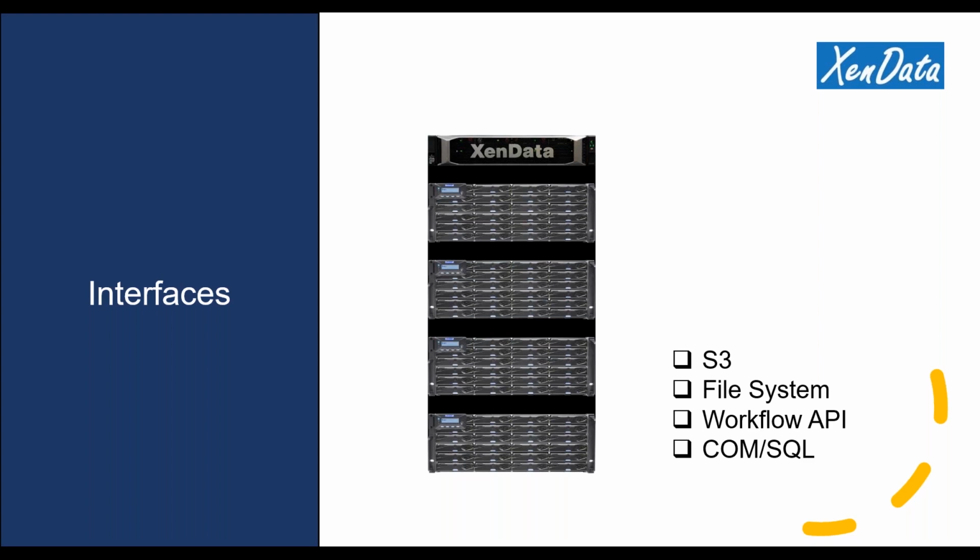And when using the Workflow API, it's possible to link multiple E-Series systems to scale well beyond the capacity limits of a single E-Series system. This means that MAMs that use this API can use multiple E-Series systems to scale to multiple petabytes of disk-based archive storage.